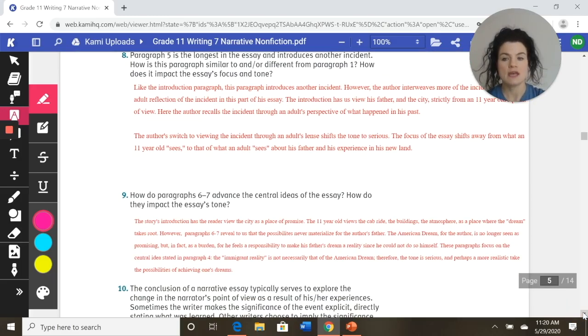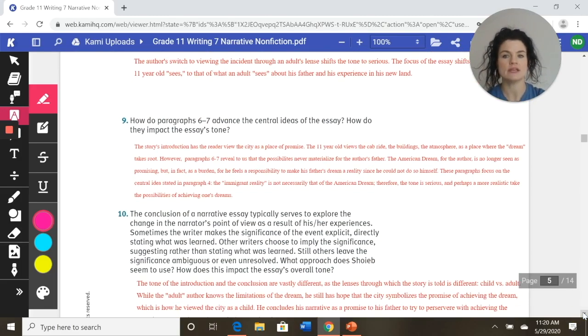Question 9 says, how do paragraphs 6 to 7 advance the central ideas of the essay, and how does this central idea impact the essay's tone? So I said the story's introduction has the reader view the city as a place of promise. The 11-year-old views the cab ride, the buildings, the atmosphere as a place where the dream takes root.